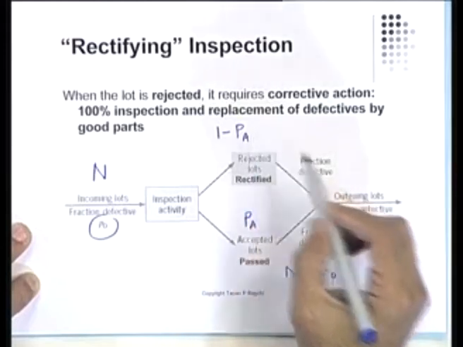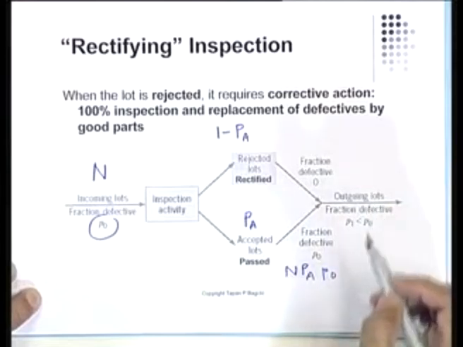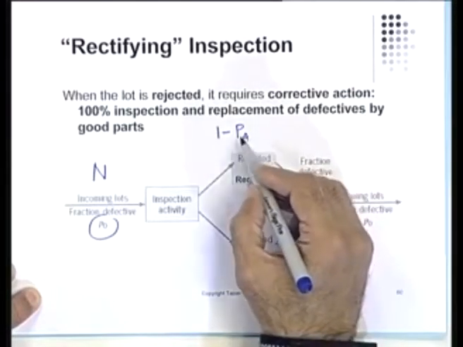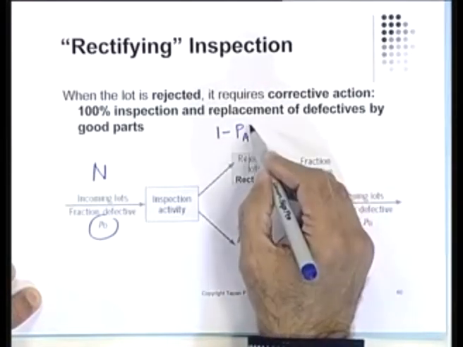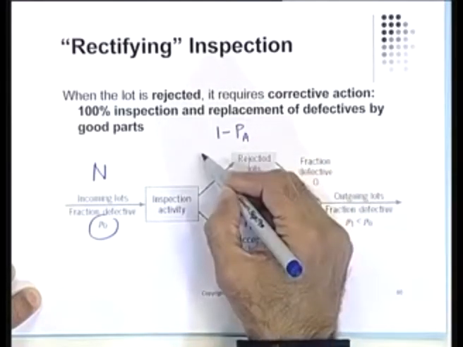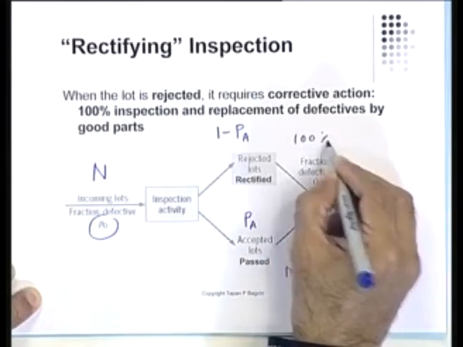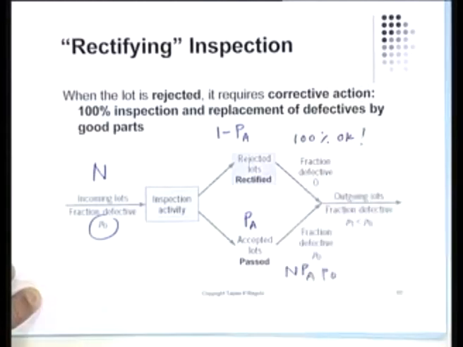Now look at this side. I have lots coming in, they are getting rejected, and of course all of them have been rectified. So any items coming this way must all be 100% okay. On this side, unfortunately, I've drawn a sample and I've looked at the sample and I've replaced any defective items that I found in the sample.